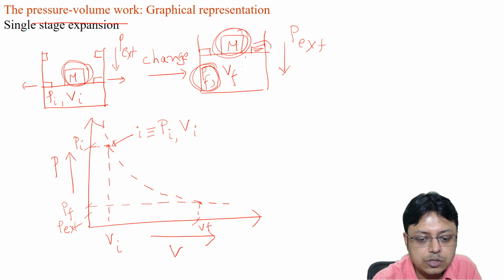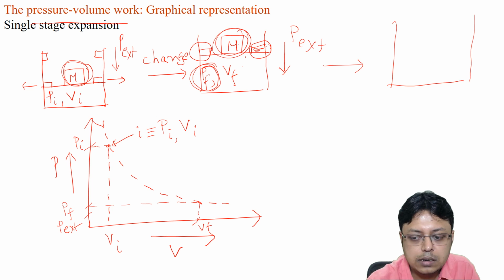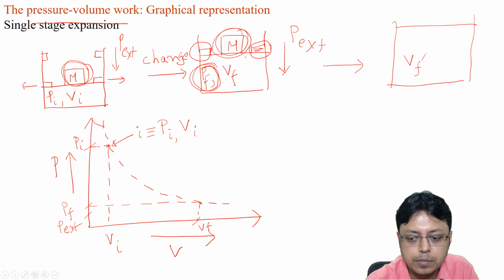Meaning if we remove these two pins, the gas can still expand a little bit and go to a point where this final volume, which we denote as say another Vf prime, this pressure of the gas will be equal to this pressure, which is the external pressure.